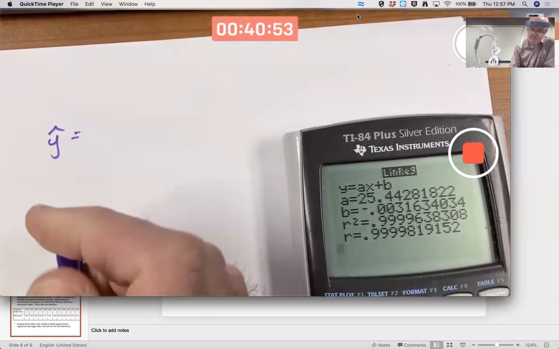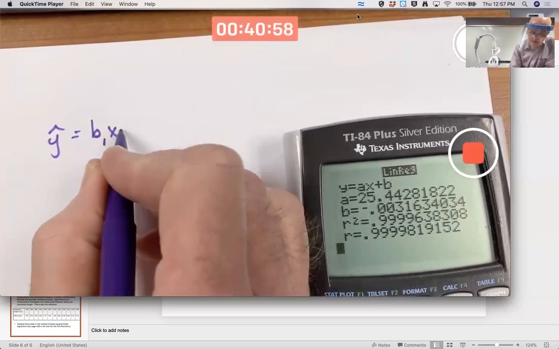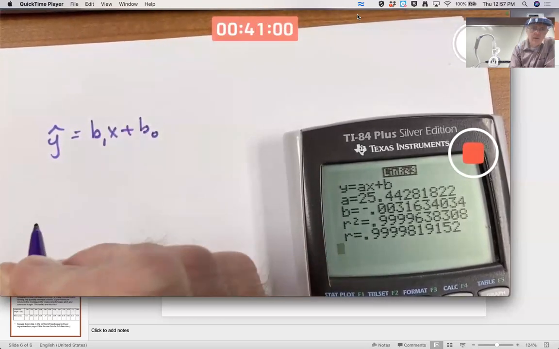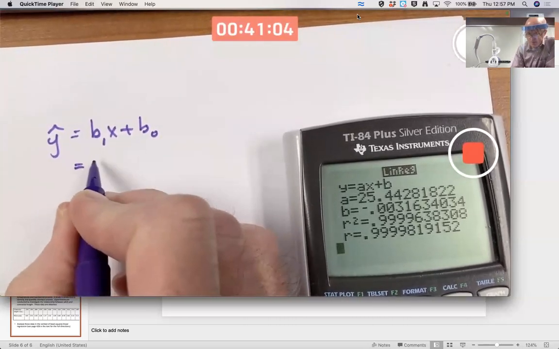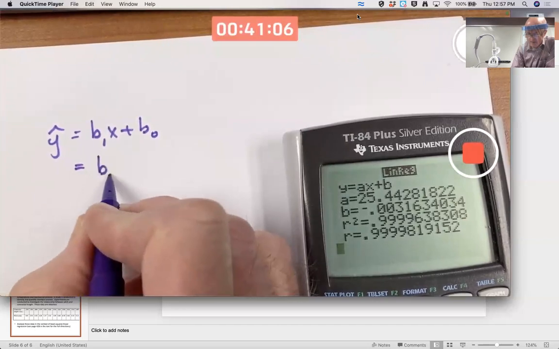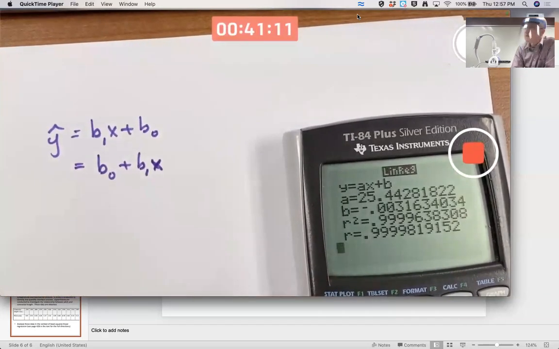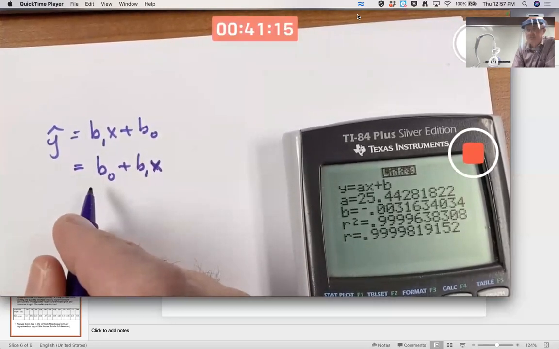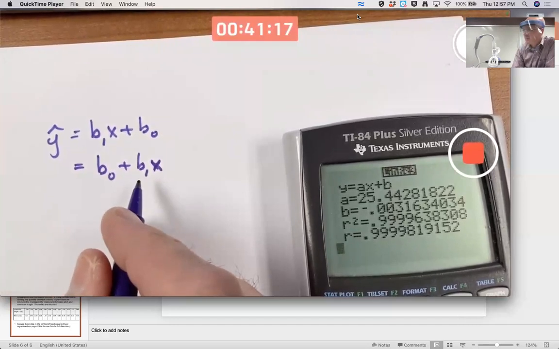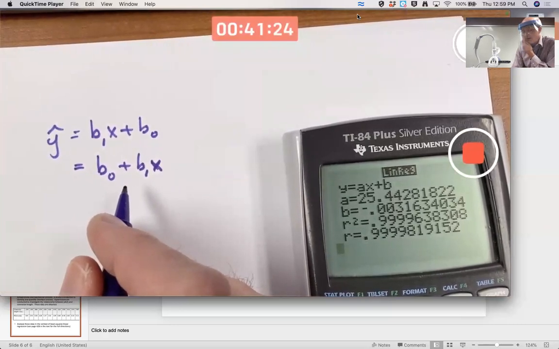The book uses B1 and B0: B1x plus B0, where it's actually a little bit more traditional to put those in the opposite order in this context, B0 plus B1x. B0 is the intercept, B1 is the slope. It's a bit more traditional to write it in that order for some good reasons that I'm not going to get into.